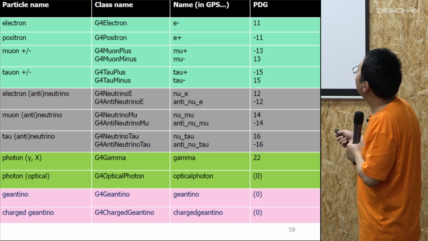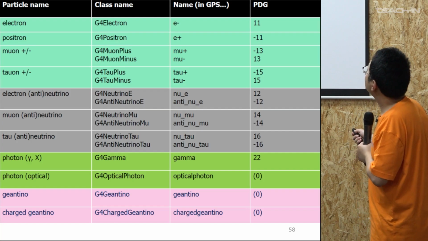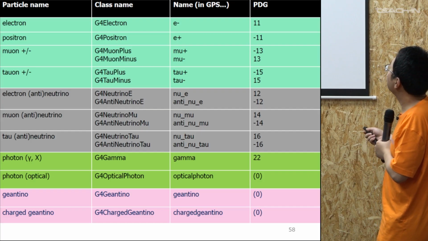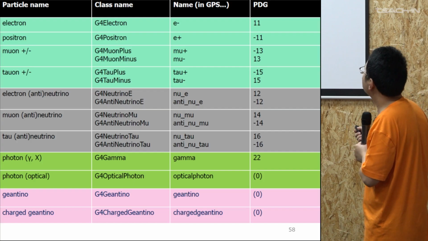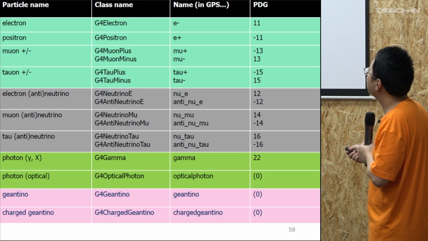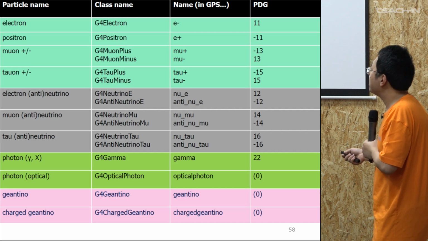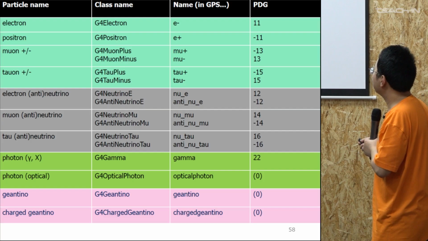And for the muon, we have muon plus and minus. For the muon minus it is 13, and for the muon plus, the PDG is negative 13. It also has a tau and neutrinos here. And we have the gamma, which by default is 22.